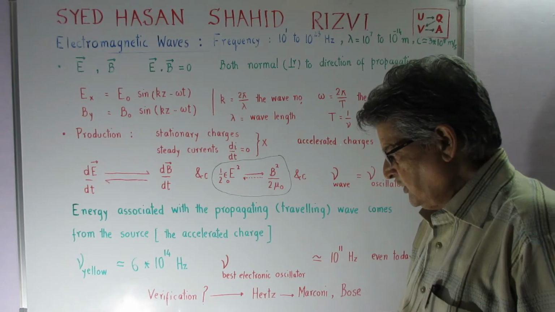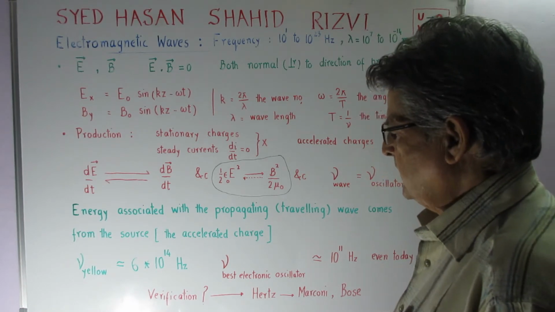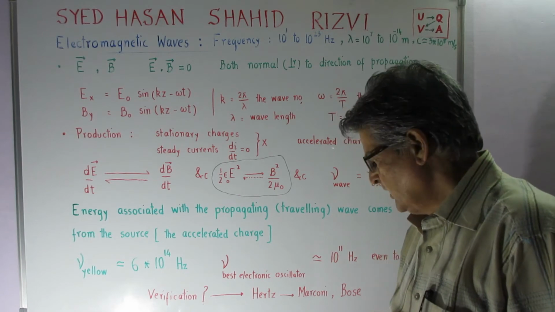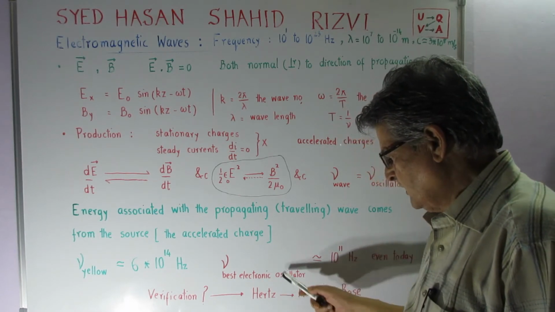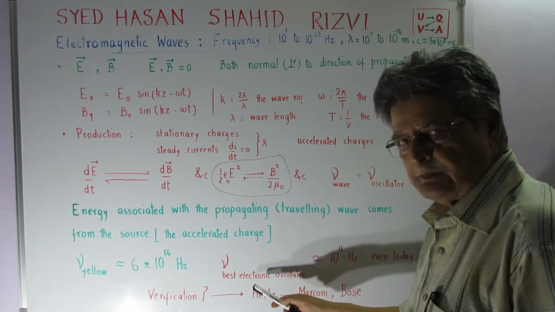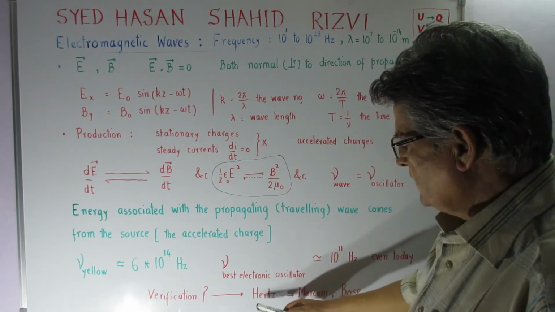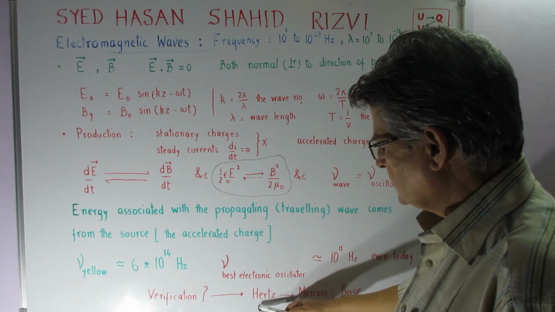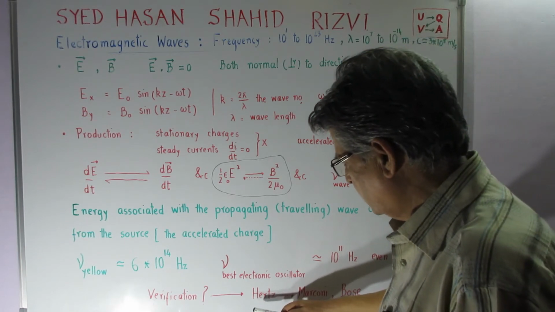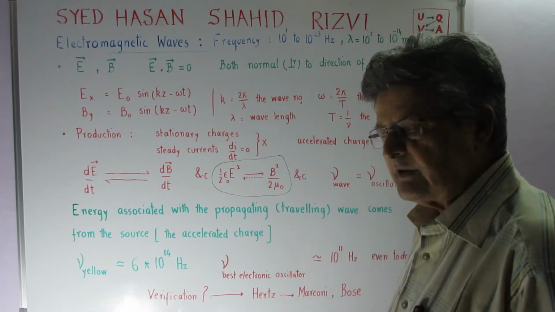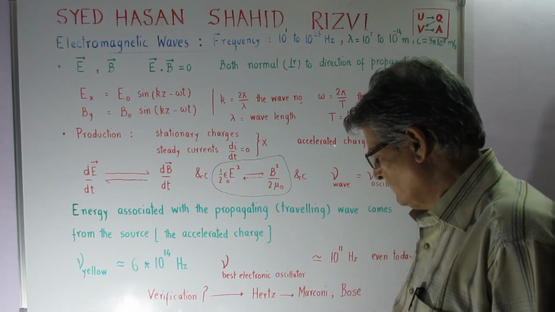So for verification, we had to go for the early production and detection of electromagnetic waves, which today we know as the radio waves, and that was done by none other than the great Heinrich Hertz of that time, who died at a very young age of 37.